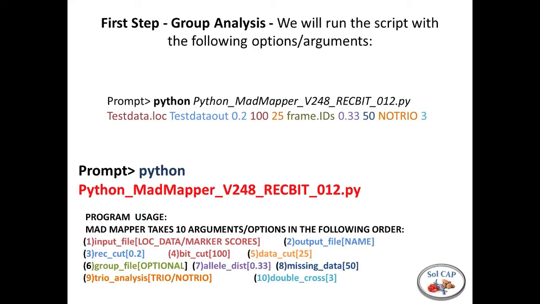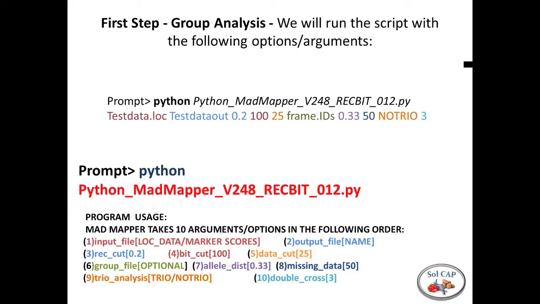If you already have a map that you've been using and you have a framework map, you can list which markers in your data set are considered framework markers. So these are usually high-value markers, or markers that map with good confidence and so on. The allele, what we call the allele distortion, 0.33 in this case.